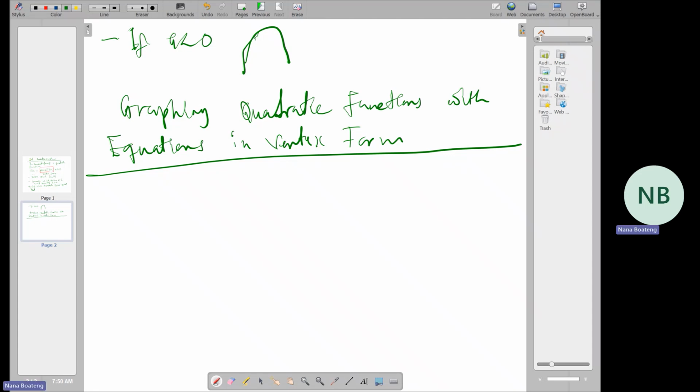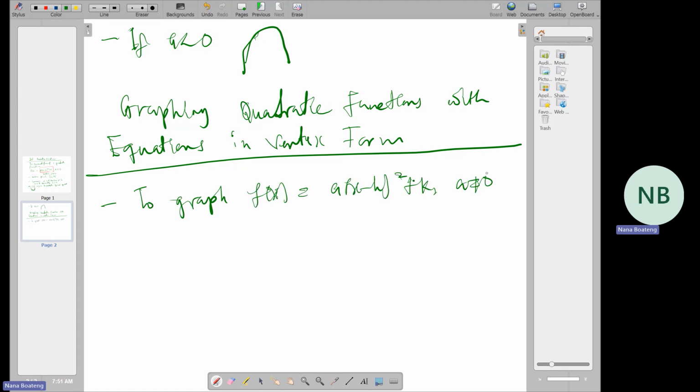All right, so to graph the function, our goal is to graph a function of this form: f of x is equal to a(x minus h) squared plus k, where a is not equal to 0.